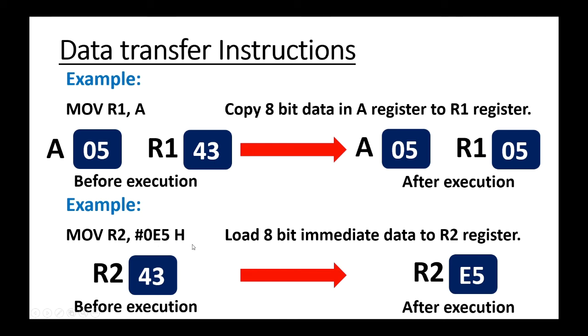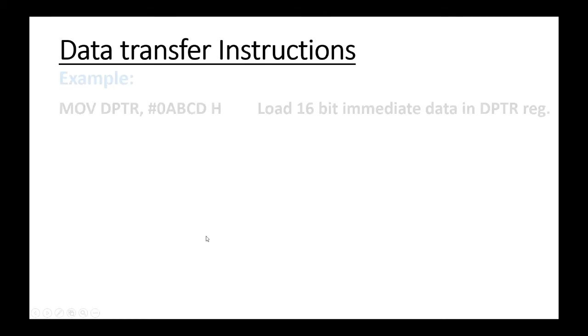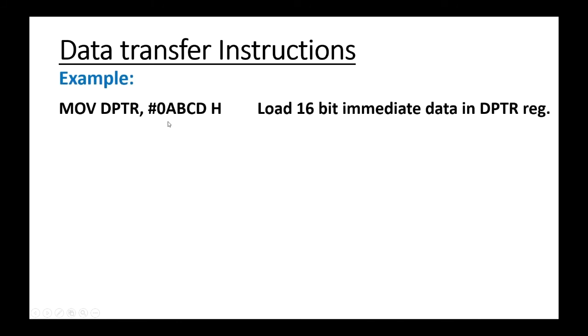There is another variation, where you can load 16-bit data directly, but in DPTR only. The example here is MOV DPTR, #0ABCDH. ABCDH is the 16-bit data.